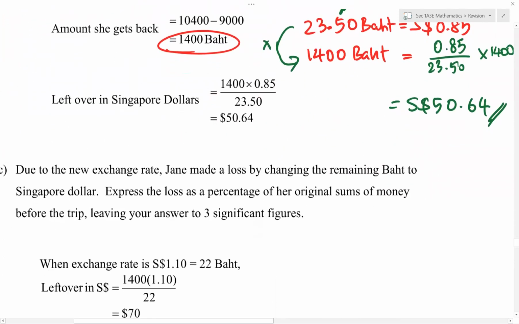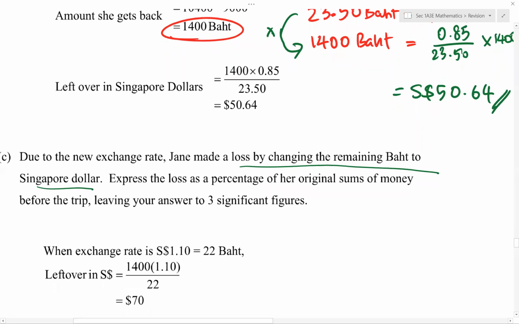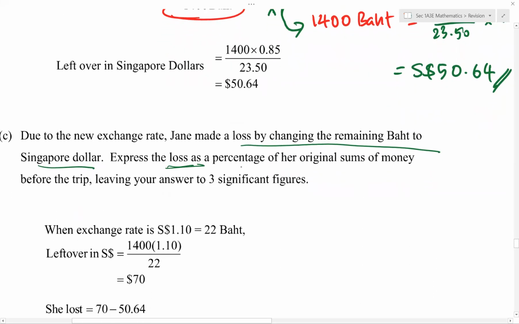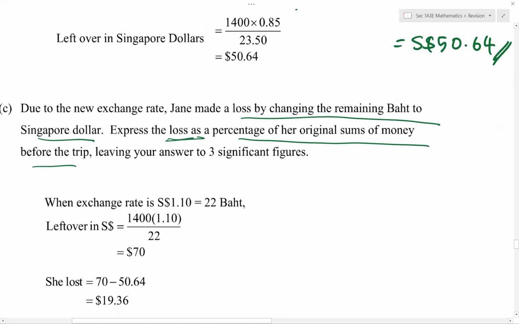Okay, now what happened? Due to the new exchange rate, she made a loss by changing the remaining baht to Sing dollar. Expected lah. When you change and change, you will keep losing money. So express the loss as a percentage of the original sum of money before the trade. So what is the loss actually?